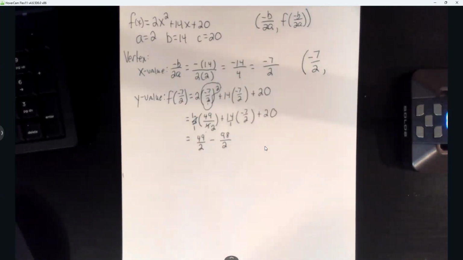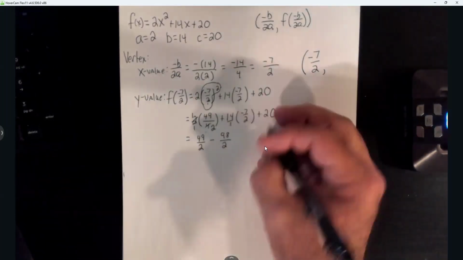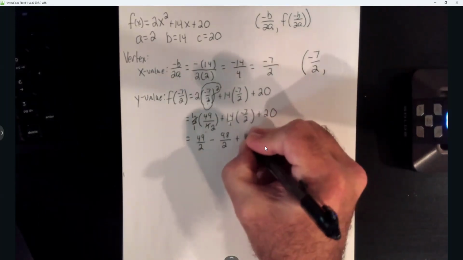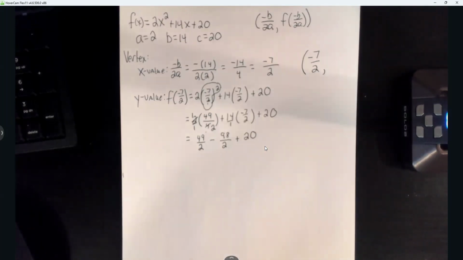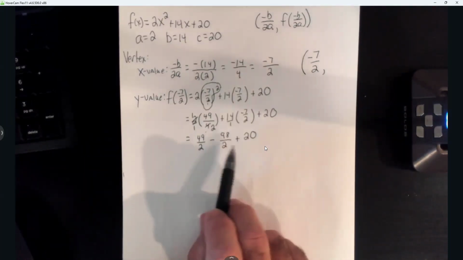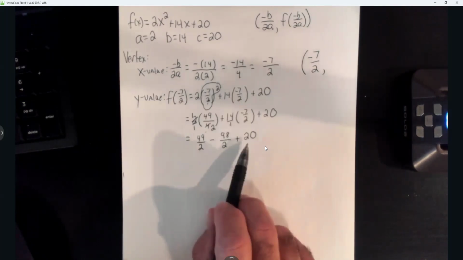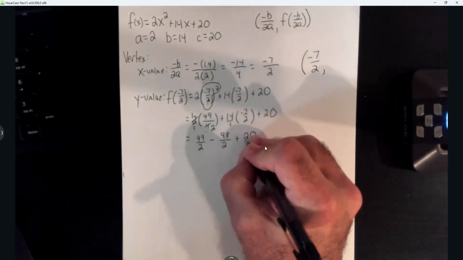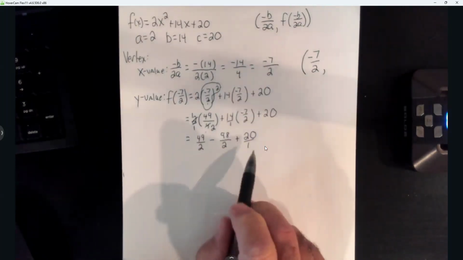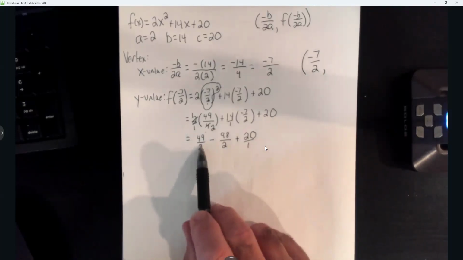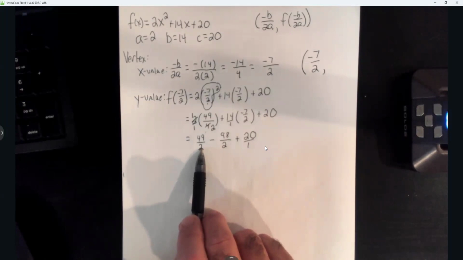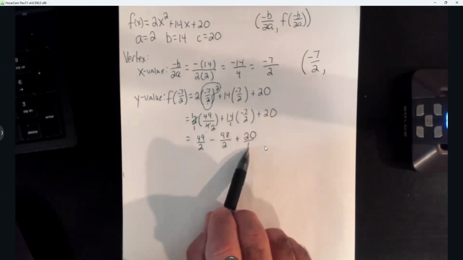All right, y'all. Then at the end, bring down your 20. So look here, I got a 49 over 2, a 98 over 2, and then the 20 technically is over a 1. But if I'm going to add all these together, they need a common denominator. You got a 2 here, a 2 here, and a 1.